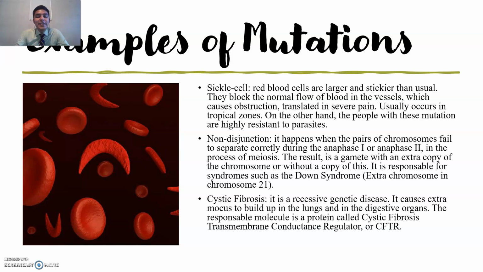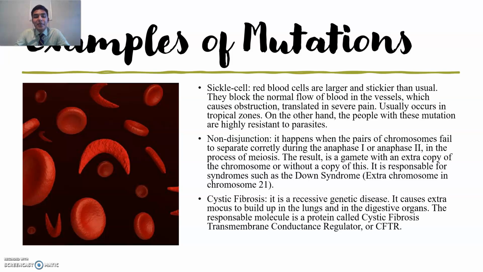We have also the cystic fibrosis. It is a recessive genetic disease. It causes the extra mucus to build up in the lungs and in the digestive organs. The responsible molecule is a protein called cystic fibrosis transmembrane conductance regulator, or CFTR if you want to use the acronym.